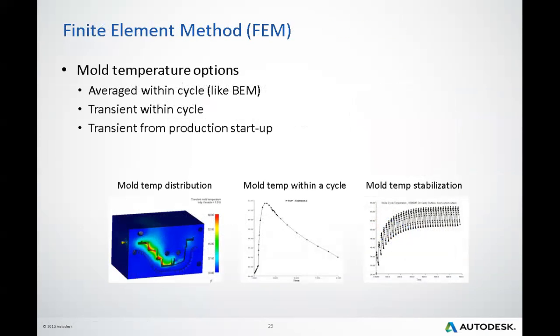What does the finite element method, FEM, mean? It means more temperature options: BEM is averaged within the cycle time, while FEM is transient within the cycle and transient from production startup. The left side shows the mold temperature distribution and the mold temperature within a cycle. You can see from this graph the mold temperature stabilization.